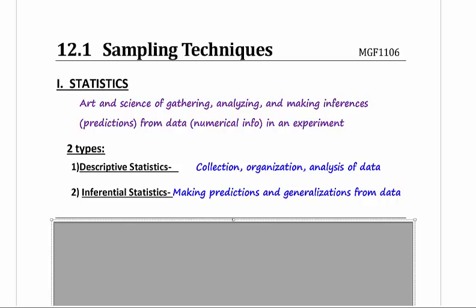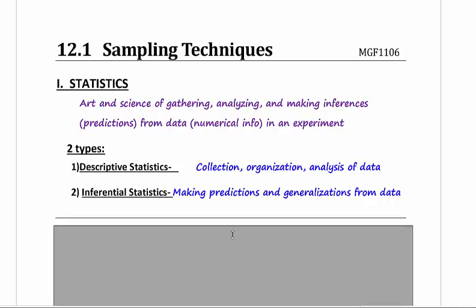Inferential statistics is where we then look at that descriptive statistics that we collected, and we make predictions and generalizations from data. So that's where we say, based on the data, we feel that we should move forward or not. Those are the types of ideas for the inferential statistics. Most of inferential would be in a later statistics class, but we will do a little bit of that.